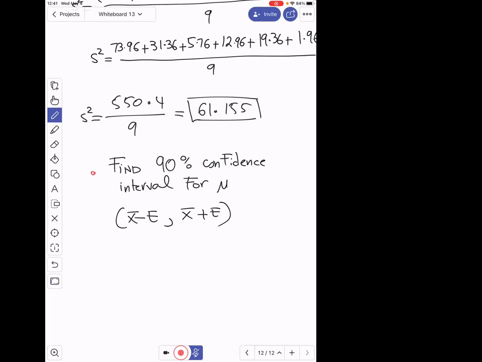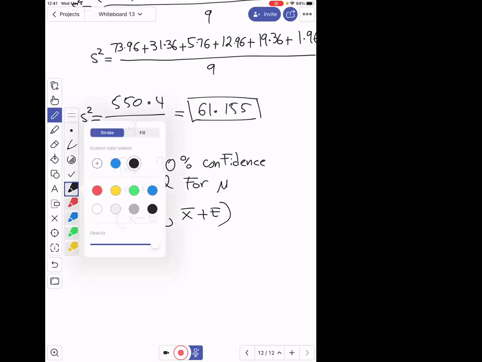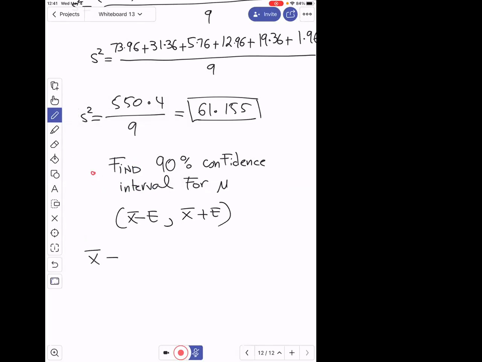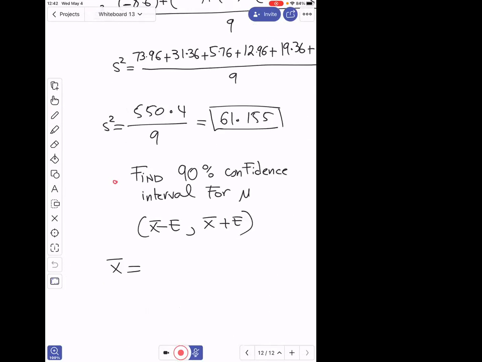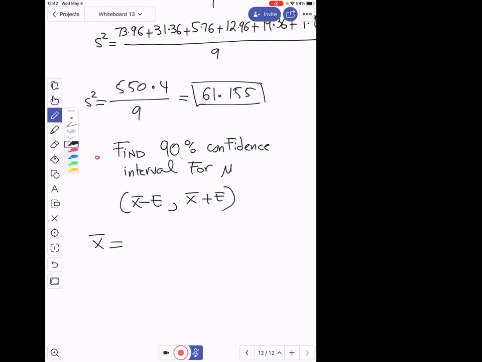X bar we computed in the first part. We said 18.6, the average number of goals scored by the 10 hockey players. So it's 18.6, computed in part 1 of the problem.